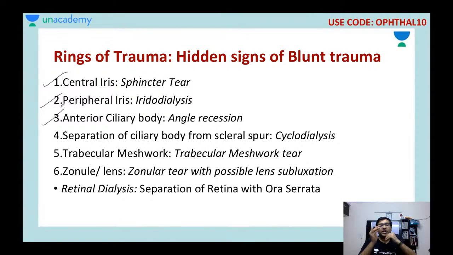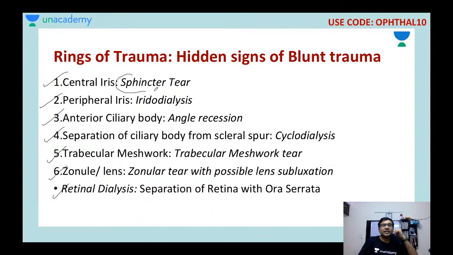When the ciliary body separates from the scleral spur, this is called cyclodialysis. If there is a tear in the trabecular meshwork, this is called trabecular meshwork tear. If there is a loss or injury to the zonules, there can be lens subluxation. And if there is a disinsertion of the retina from its origin, the ora serrata, this is called retinal dialysis.